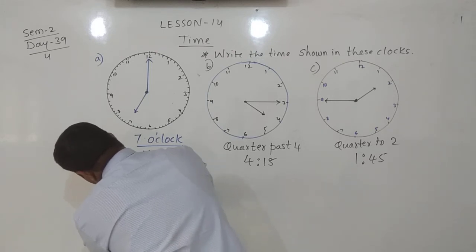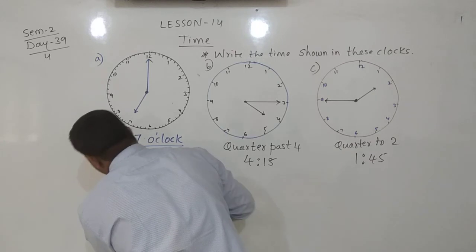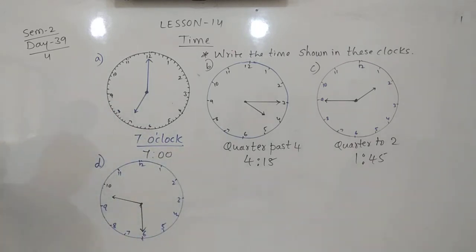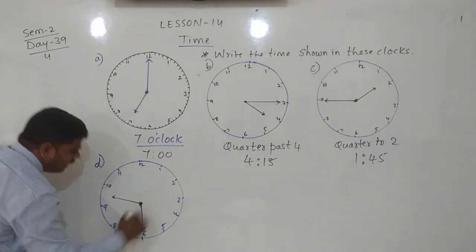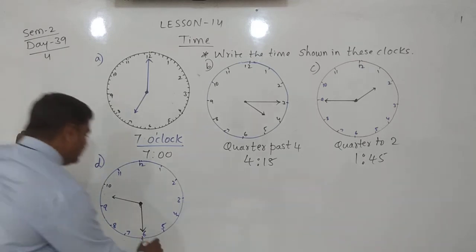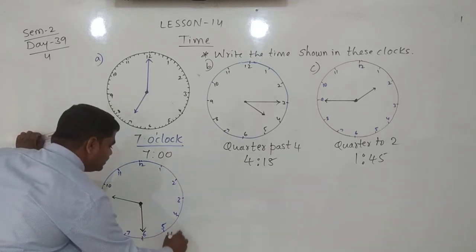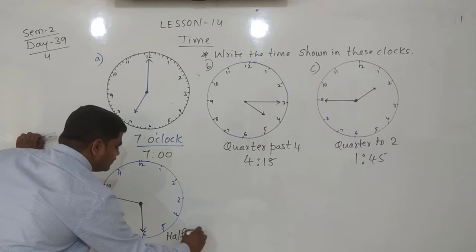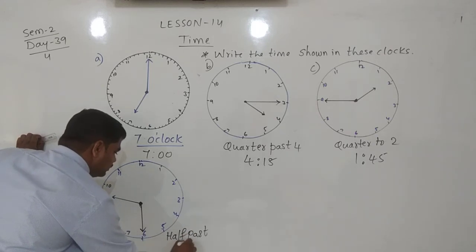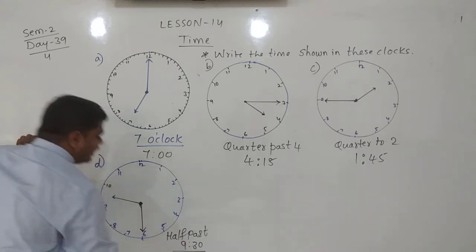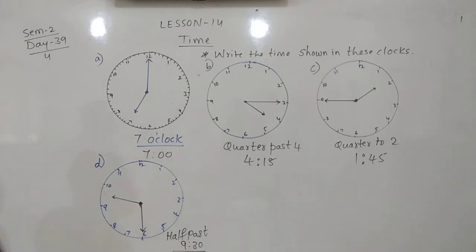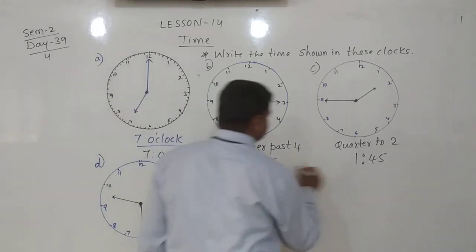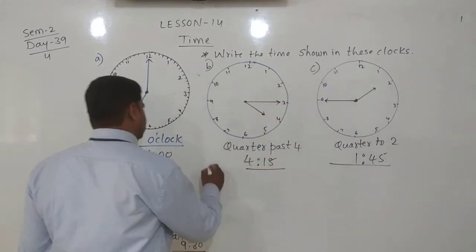Then we can write the time. What's the time now? Half past 9. Half past 9 means how many minutes past? Good, 30 minutes past 9. We can write 30 minutes past 9. Next clock, E.